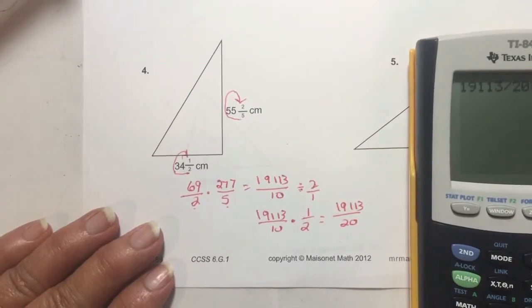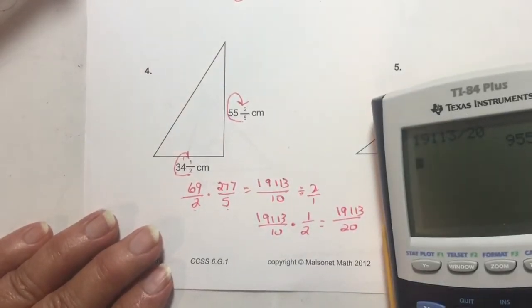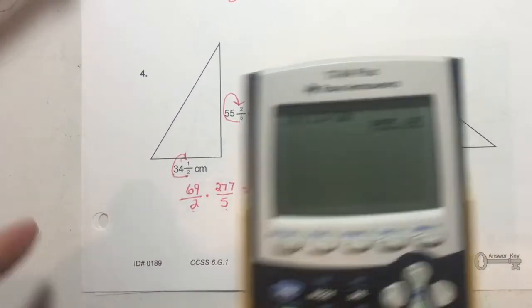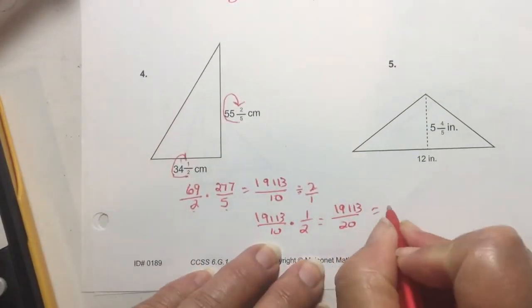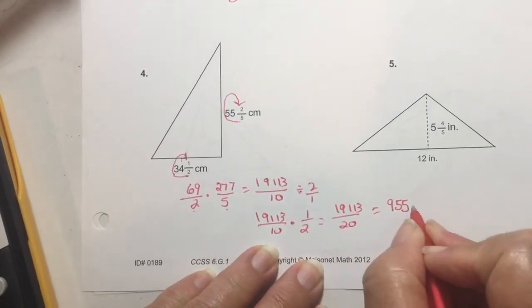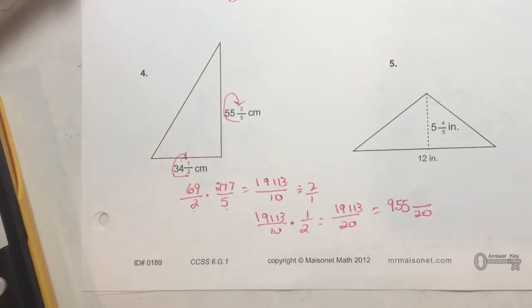19,113 divided by 20. Well, please don't give me the decimal answer, which is 955.65. You want to make that answer 955, and then you have to figure out how many 20ths that is.